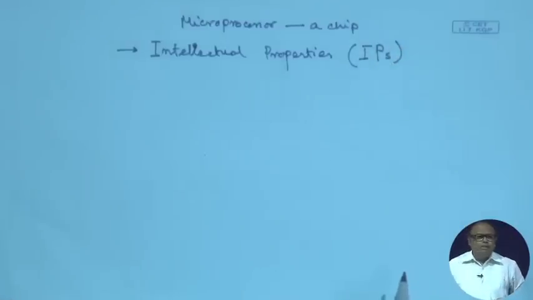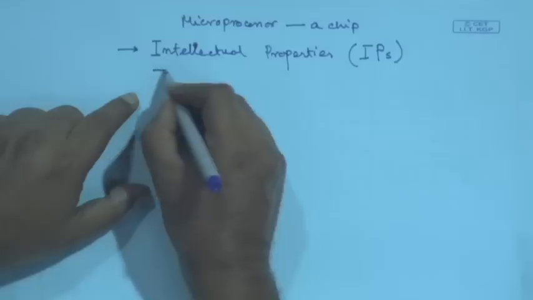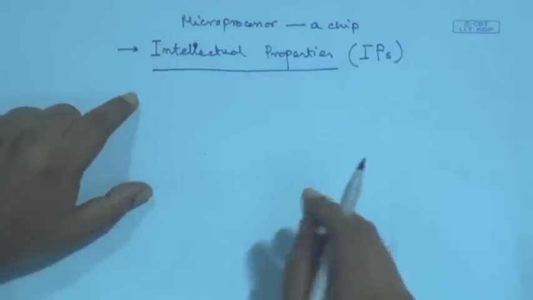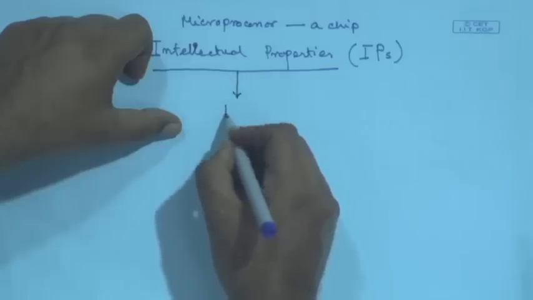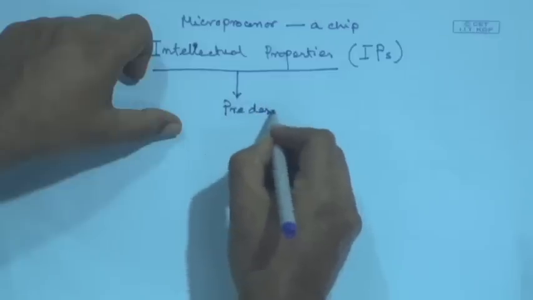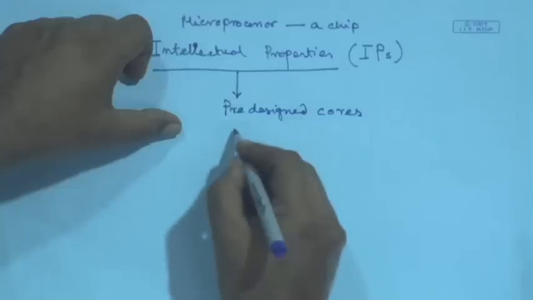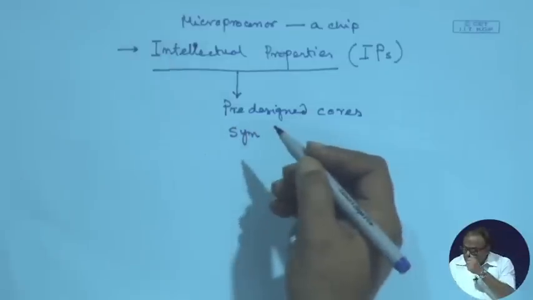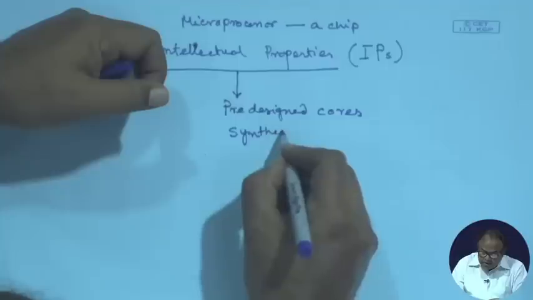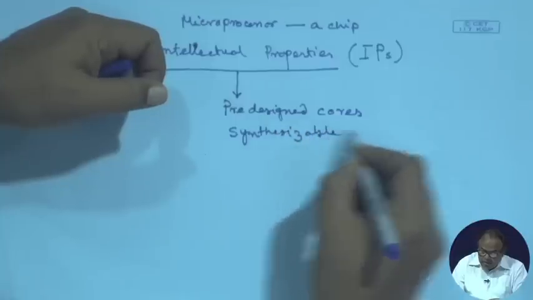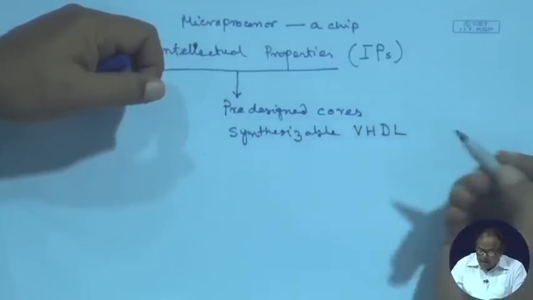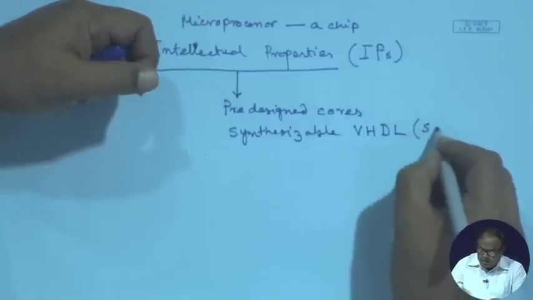We know intellectual property means you invent something and you apply for a patent, that is intellectual property. Here, although the name is the same, it means you are getting some pre-designed cores. For example, these are nothing but some synthesizable VHDL.